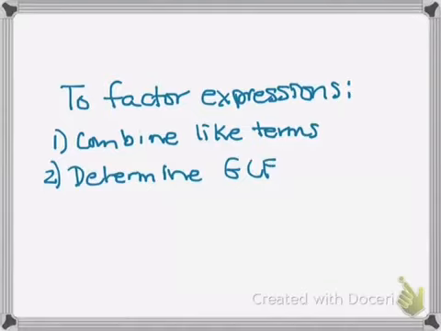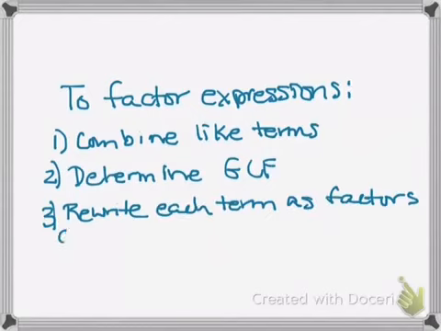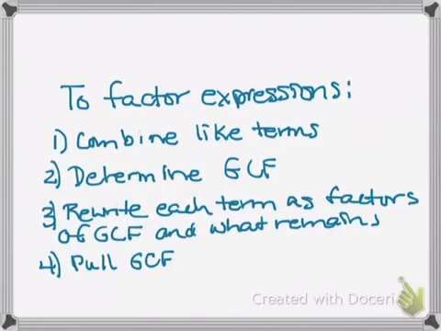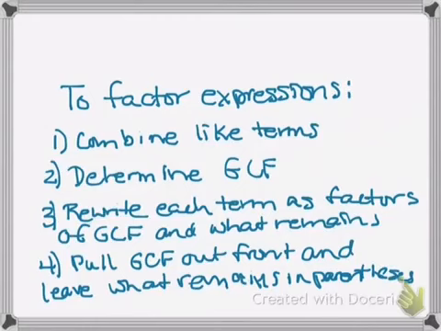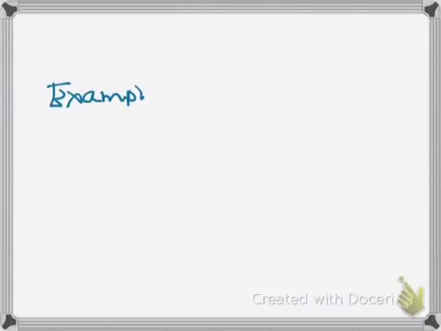You would need the biggest number that divides all of those 5 terms evenly. Now we're going to rewrite the expression as factors of the greatest common factor and what remains. The last thing you do is to pull the greatest common factor out front and leave what remains in each term inside the parentheses. And I think these steps will be a little more clear as we do some.